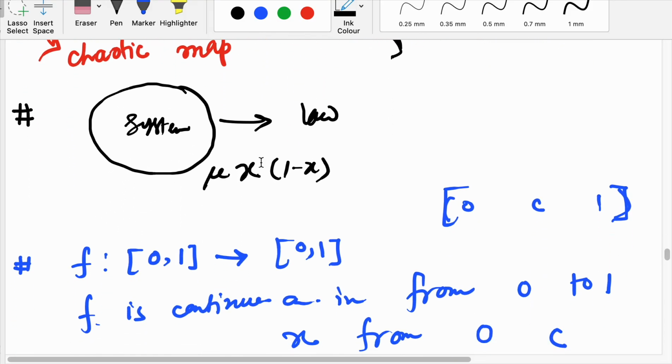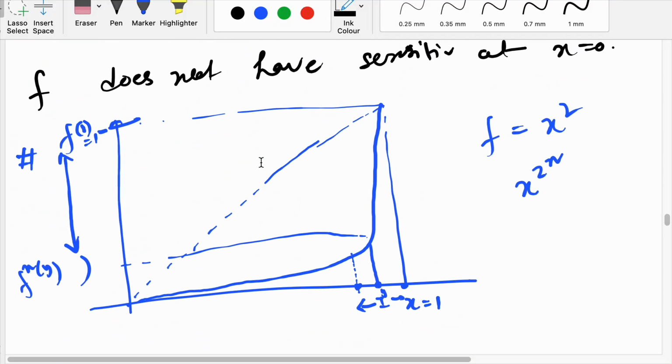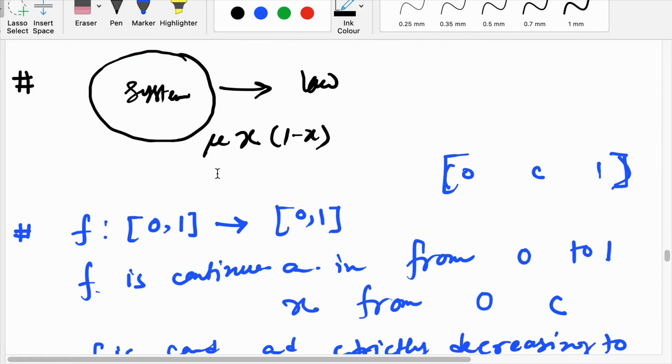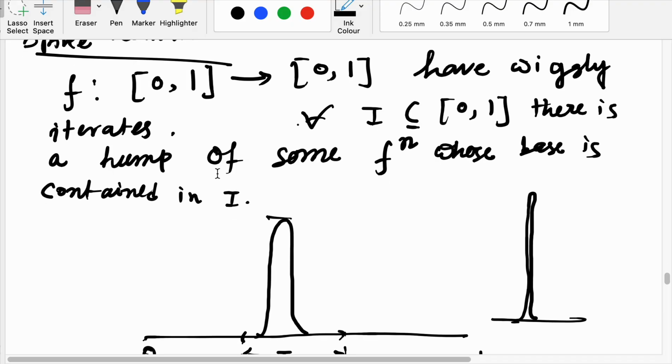And we've also seen why this is happening: after the nth iterate the function f(x) = x^2 becomes steeper, and if we increase n, the steepness keeps increasing. That's why after the nth iteration 1 will go to the point 1, but any nearby point will go to less than 1. So that's why it contains the sensitive dependence, and we prove it by the spike lemma.